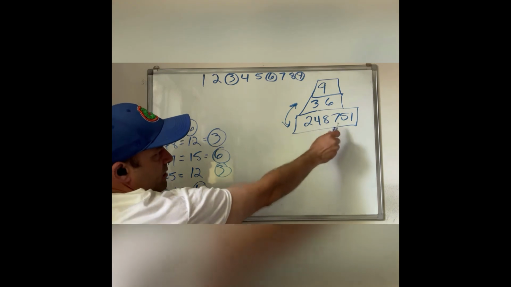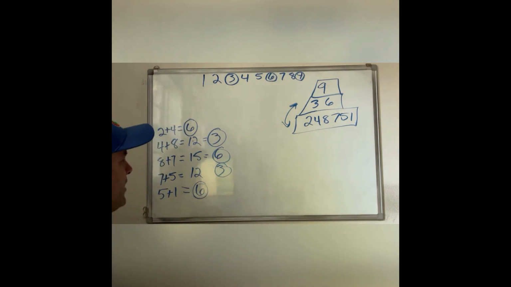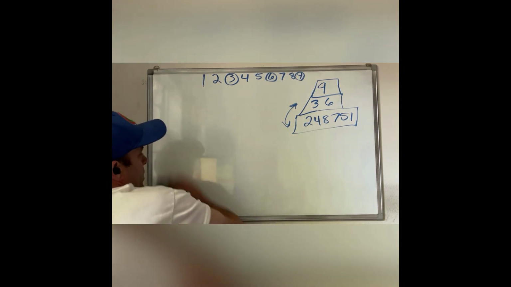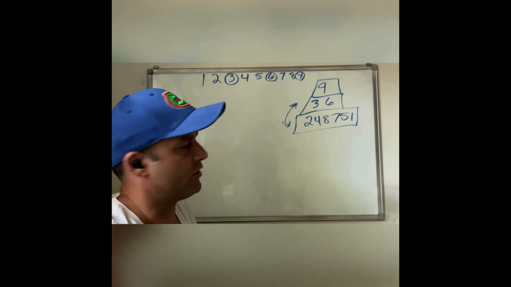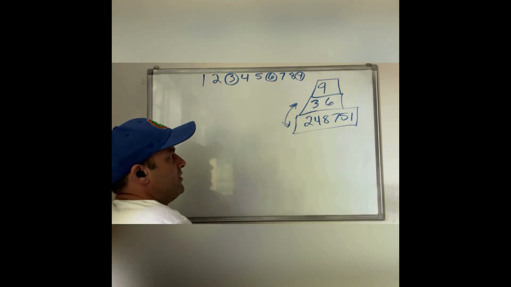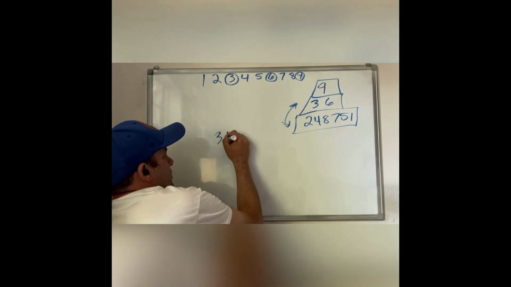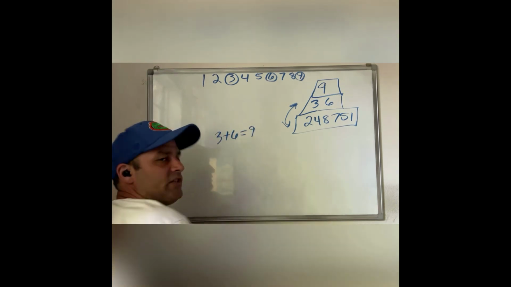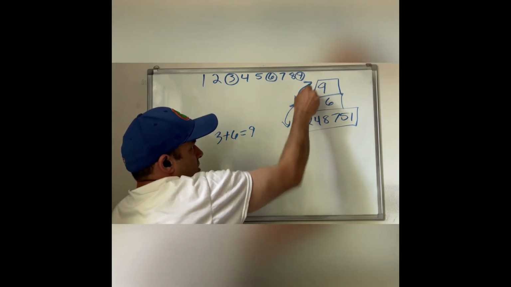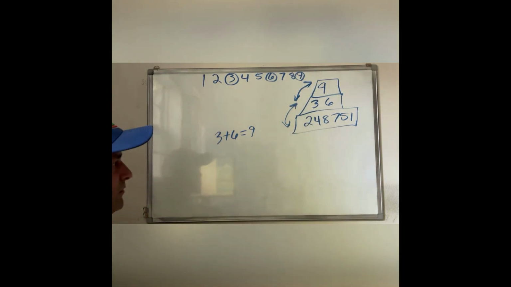They govern these numbers, our physical reality, right? Okay. And I'll write this out real quick, but I'm sure you've already figured it out. How do we prove that 9 governs 3 and 6? 3 plus 6 equals 9. That one's easy, right? So that's how we know that 9 governs 3 and 6.